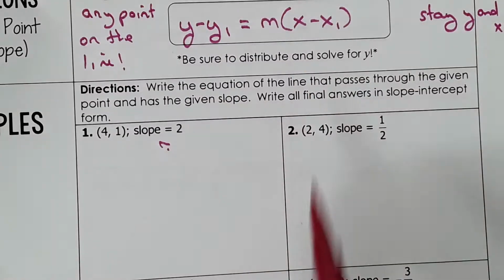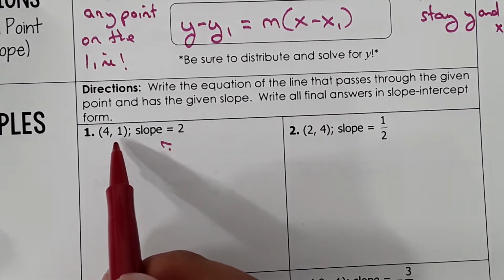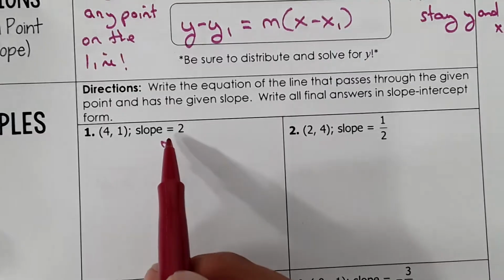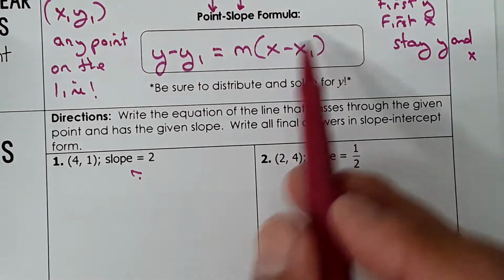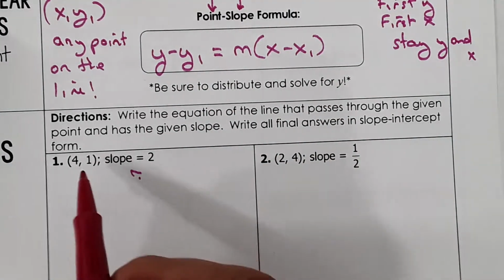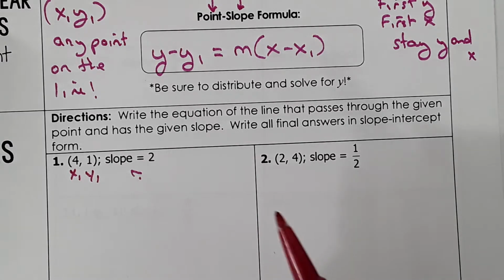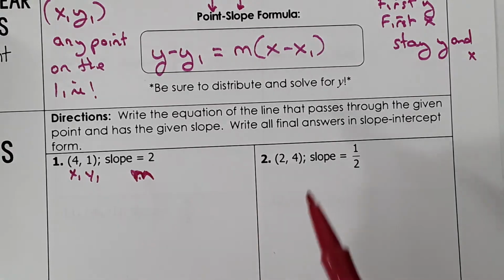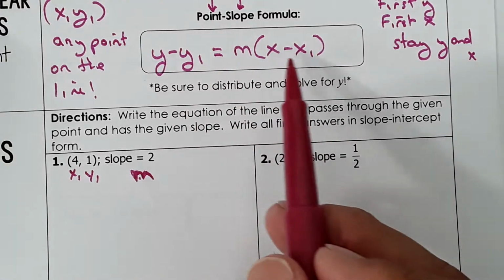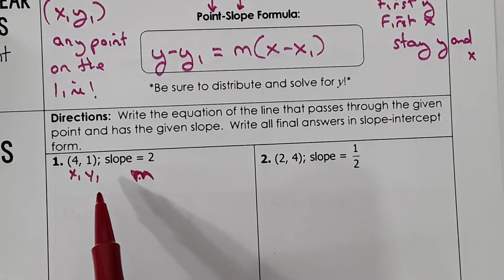So if you're given a situation where you are given an ordered pair that is on the line and the slope of that line, then you can write an equation in this form really, really quick. So these numbers represent x1 and y1, and this is your slope. So I'm going to rewrite this formula, but anywhere I see where these numbers go, I'm going to substitute them in.